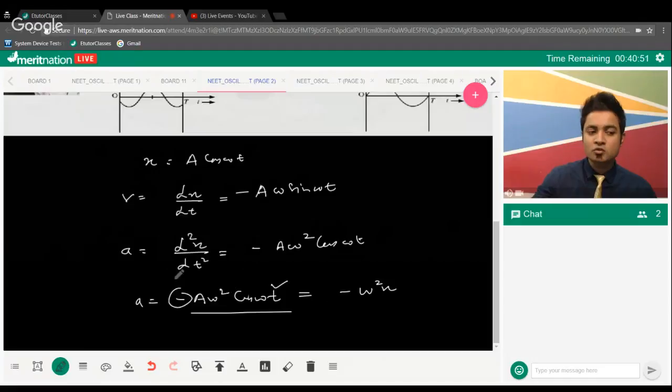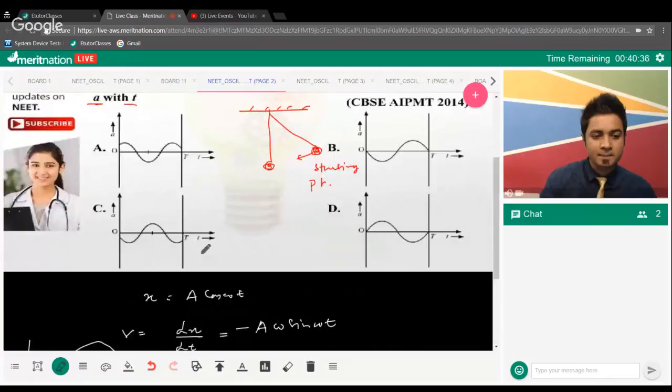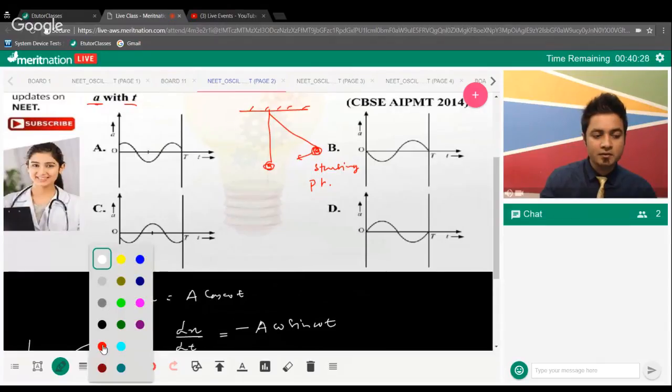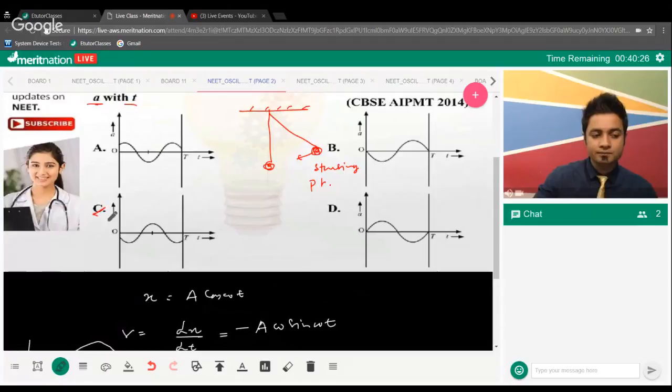So the graph has to be similar to the cos graph, but it is going to start from minus a. Which option should be the correct one, guys? We do have the C option, where it starts from minus a. So this is the one, right, guys?